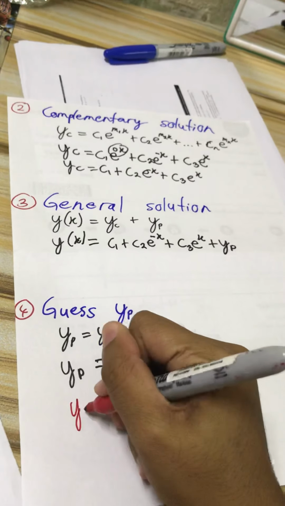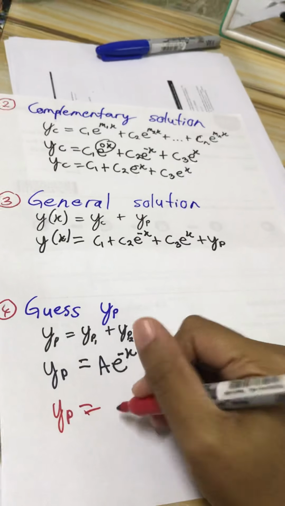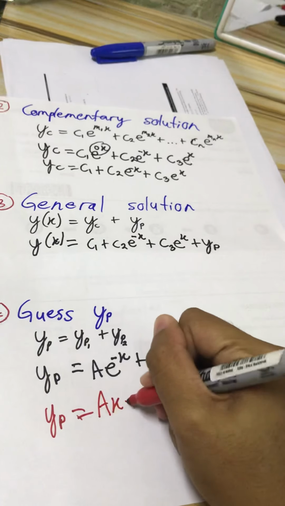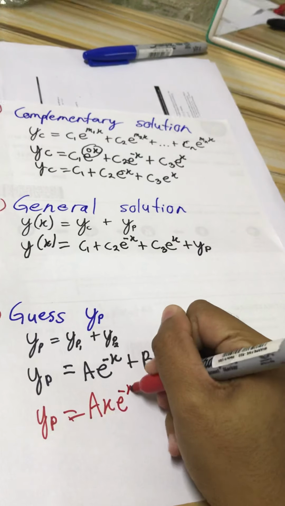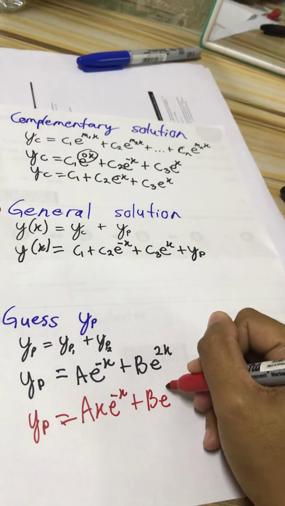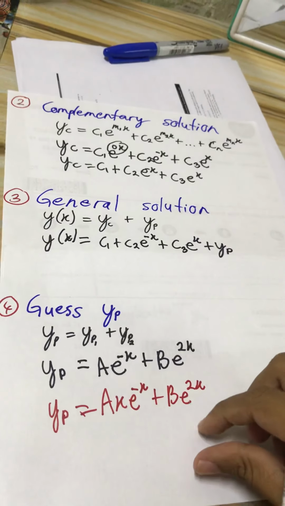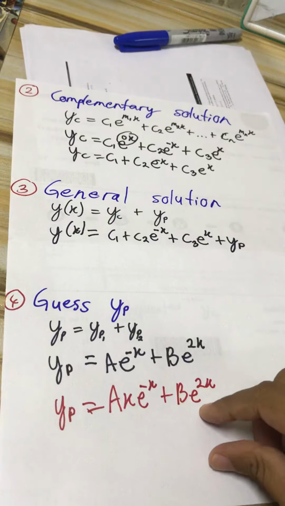So we need to modify our yp here because there is overlap with yc. So now the yp becomes, we only multiply this side with x. So a x e power of minus x plus b e power of 2x. So here we got the second guess of yp.